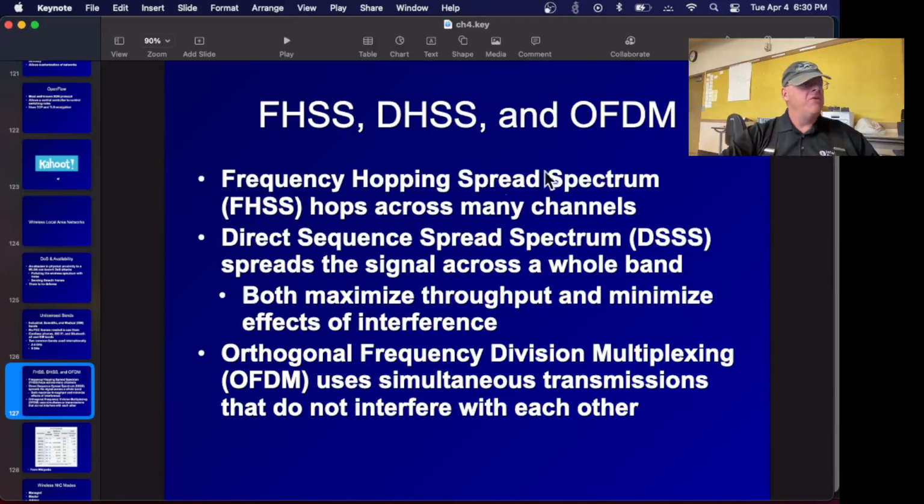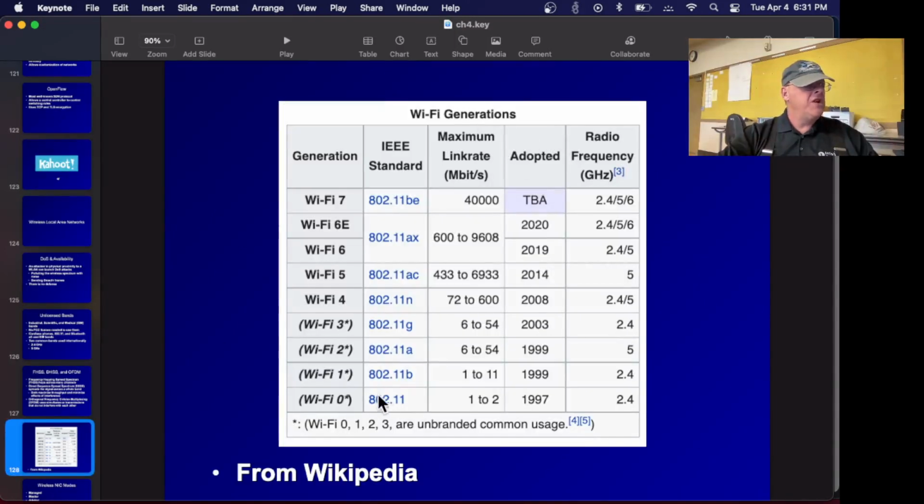Anyway, frequency hopping spectrum hops across many channels. Direct sequence spectrum spreads the signal across a whole band, and orthogonal frequency division multiplexing can be used in radio and also in fiber, where you use independent signals that do not interfere with each other to carry multiple channels of data.